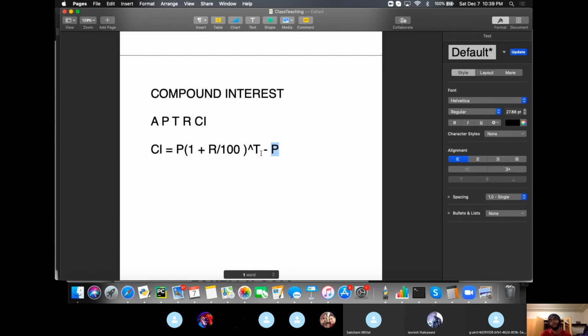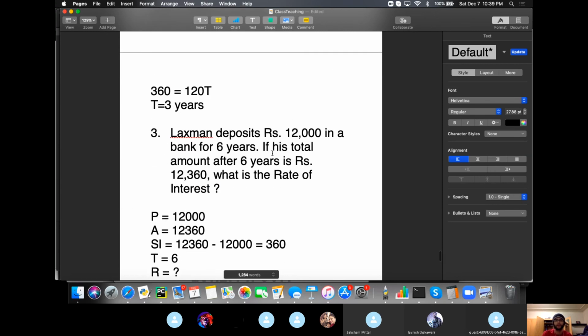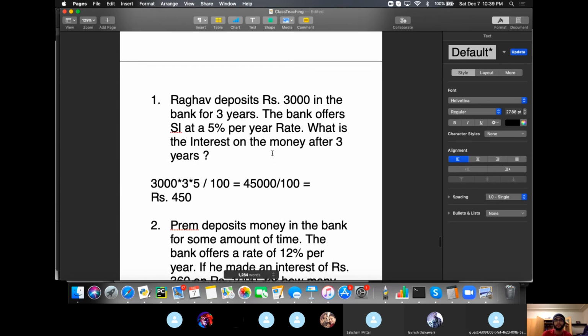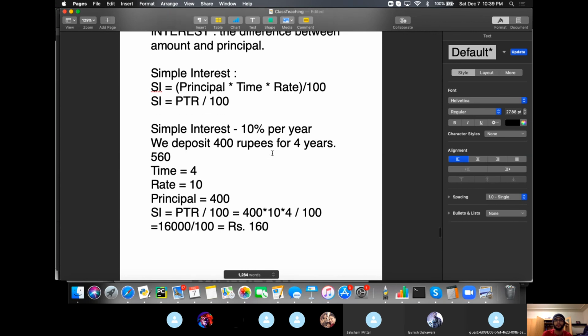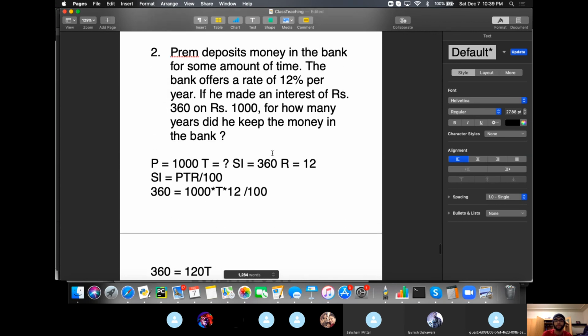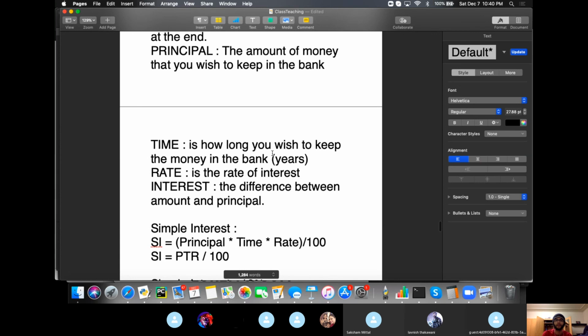Why this subtraction of P is happening is because this formula actually gives you the amount. It doesn't give you the interest, it gives you the amount. Therefore, to get the interest, we have to subtract the principal. You might remember that amount is principal plus interest.